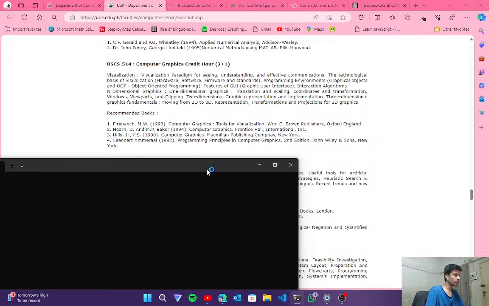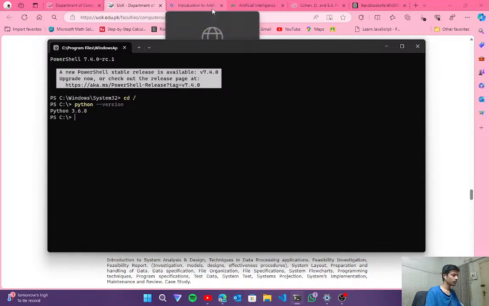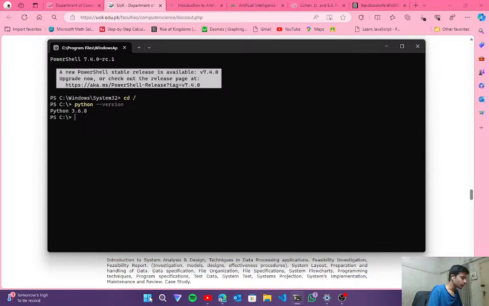Okay, so let's just have a look at what version of Python we have right now, and then we will proceed. I think I will have to change some environment variables because I have Python 3.11. I will have to change the environment variables to move back.